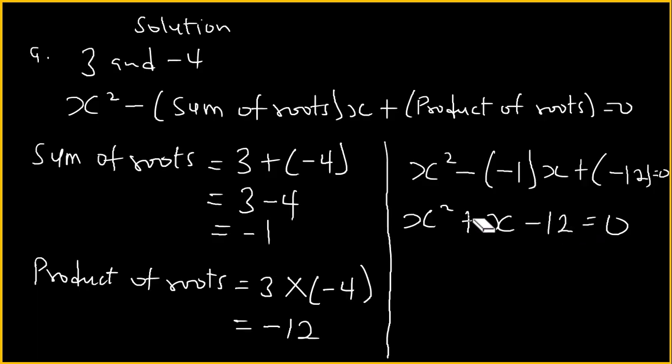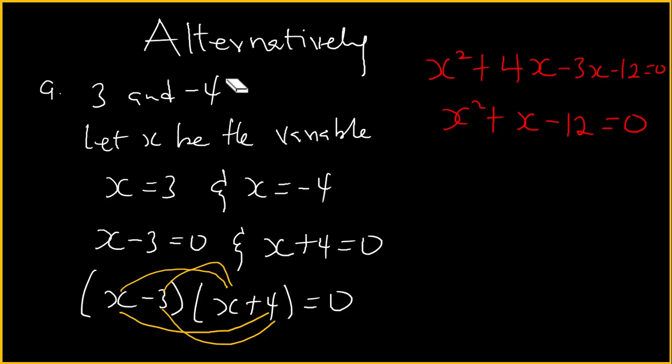So it's either you go with this approach, where after writing the equation, you find the sum of roots, substitute in here, find the product of roots and substitute in here, then simplify to generate your quadratic equation, or use the alternate approach, which is equating each of the roots to a variable and finding the factors of the variable. After finding the factors, you expand your factors to get the equation.